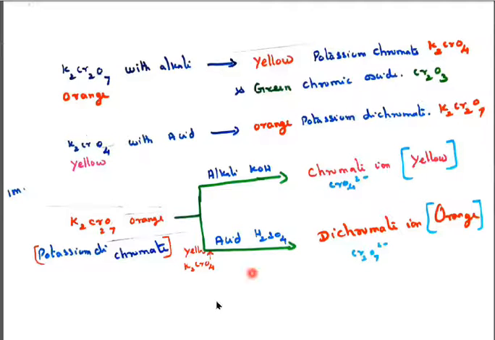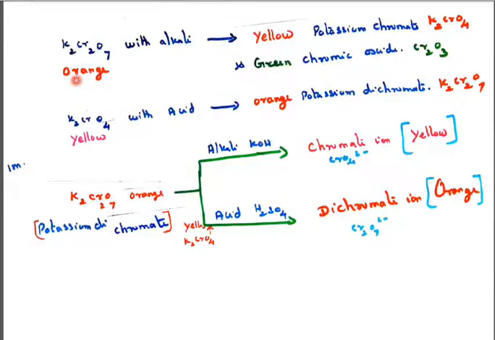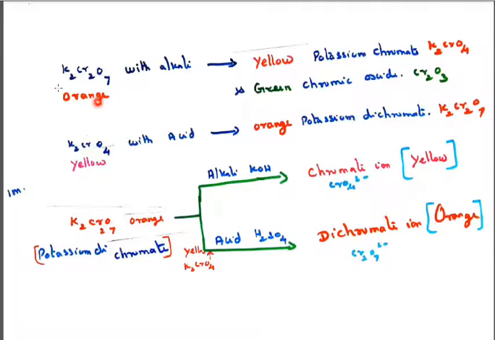When this chromate ion, potassium chromate K2CrO4 or CrO4 2-, is added to sulfuric acid in the second step, it forms dichromate, Cr2O7 2-, which is orange in color, giving back the same potassium dichromate. So it goes both forward and backward. In the forward reaction, alkali is reacted. In the backward reaction, acid is reacted.